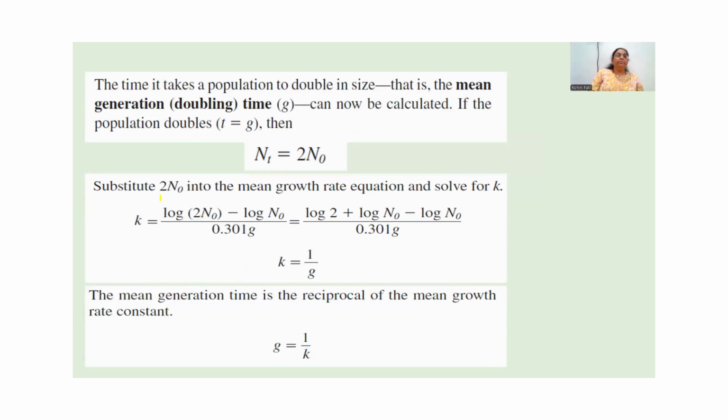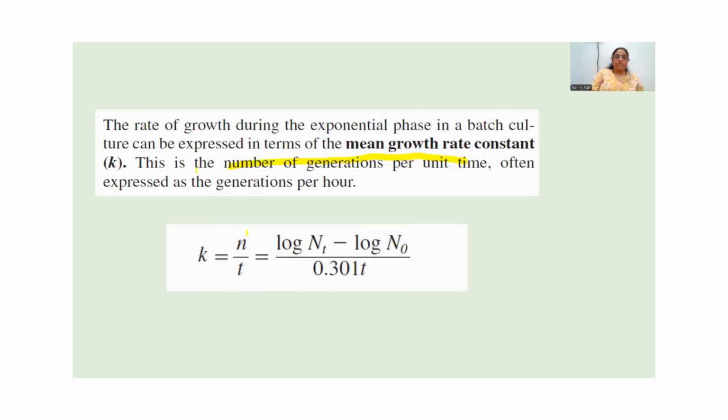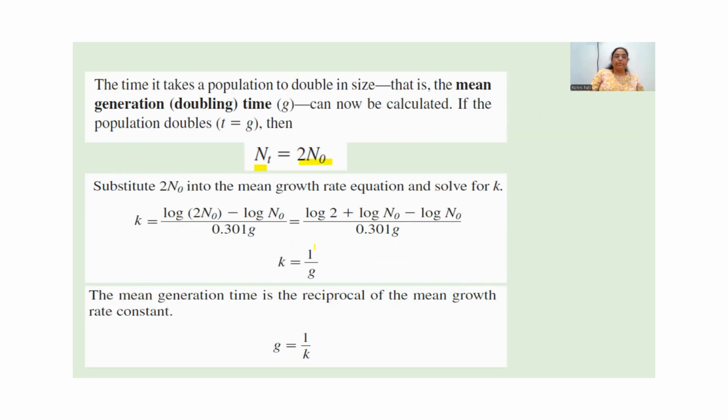The time it takes a population to double in size is the mean generation time or the doubling time. It can also be calculated. If the population doubles, that is t is equal to g, then Nt is equal to 2N0. So this 2N0 can be substituted in the equation, substituting Nt as 2N0.